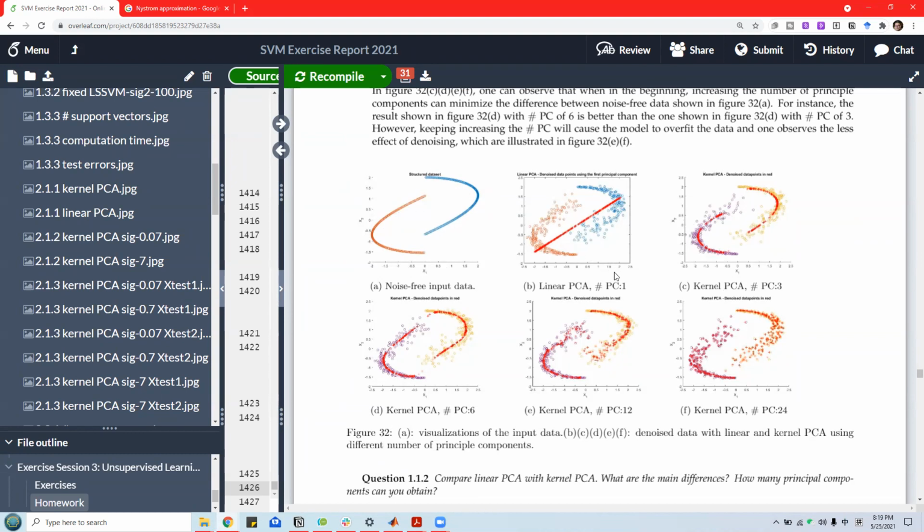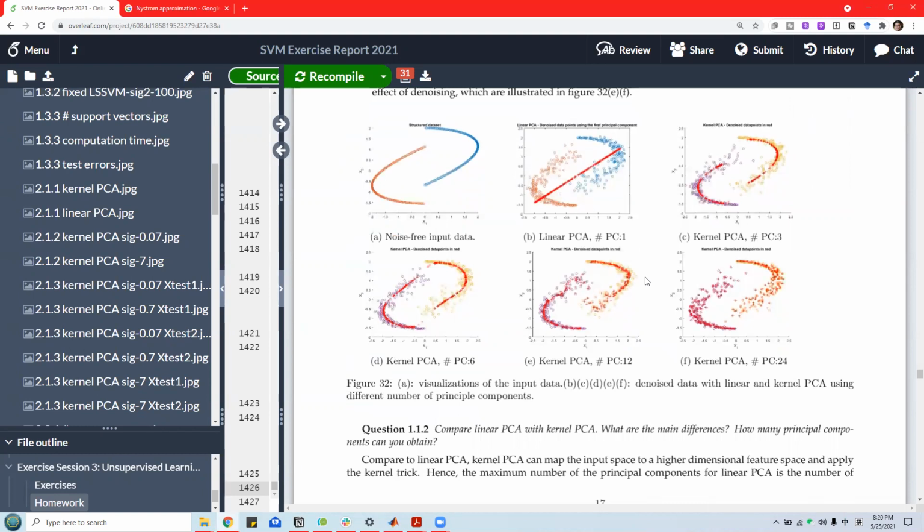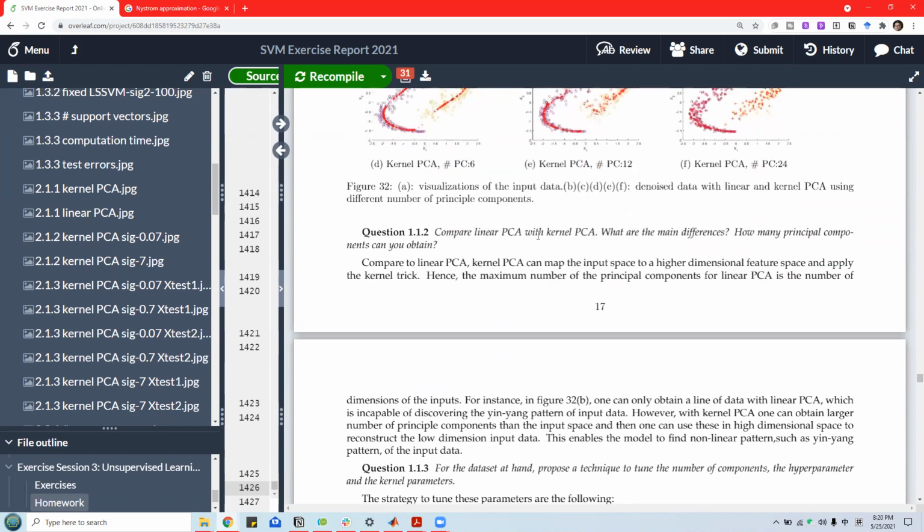And based on that, you can calculate the errors. Okay. So I think we are talking about pretty much the same stuff, I guess. Not sure.